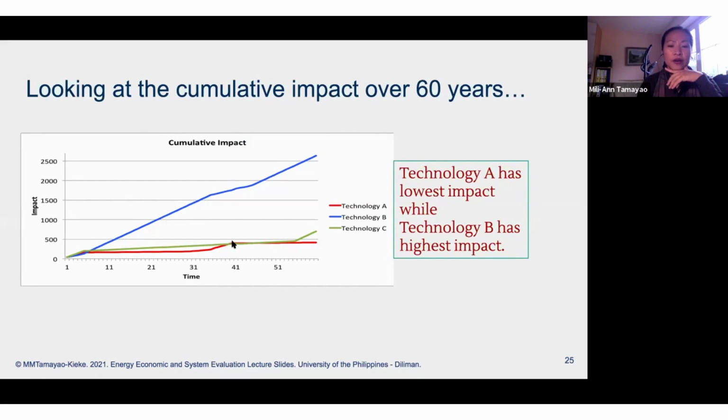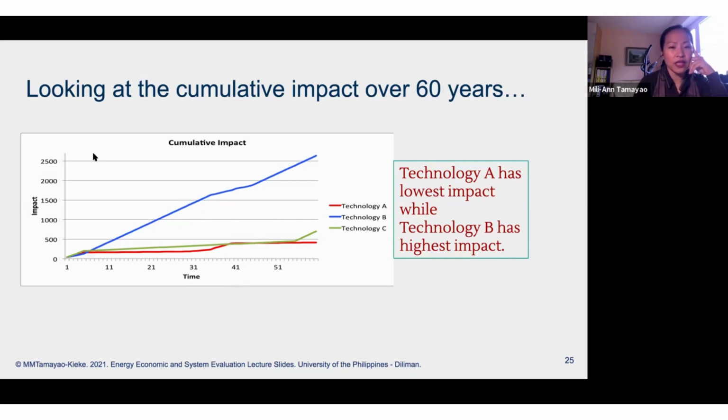And then there are periods wherein technology C has lower environmental impact than technology A. But then again, cumulative impact is not very useful, I guess. Or it can be useful in some instances, but it's not the best metric to look into.